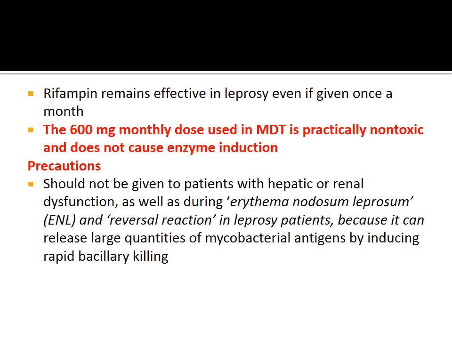As we have already seen in tuberculosis, rifampicin is an important enzyme inducer, and in tuberculosis we are giving it daily, so that enzyme inducing property is quite high. So here in leprosy, even if we give a once a month dose of rifampicin, it is as effective, and because of that it does not cause enzyme induction, so there are no chances of drug interactions with other drugs. Okay, so that is an advantage here.